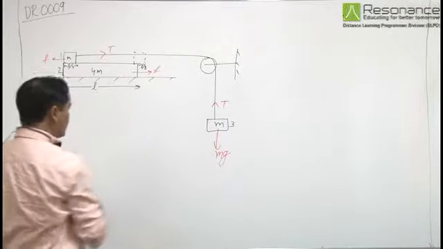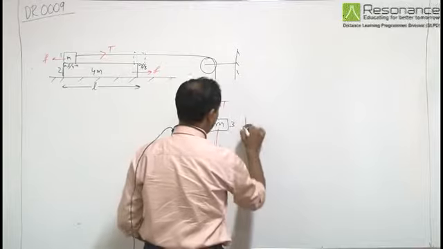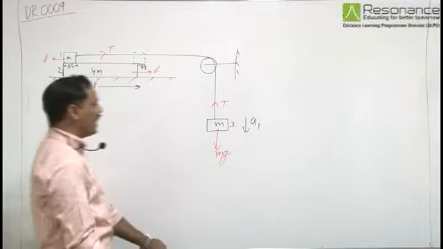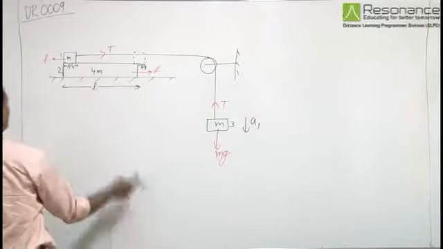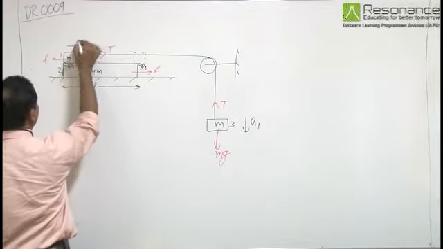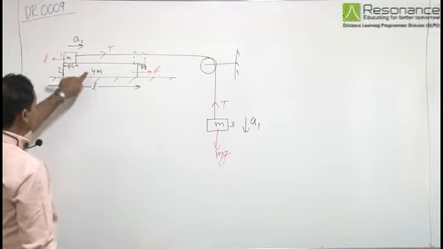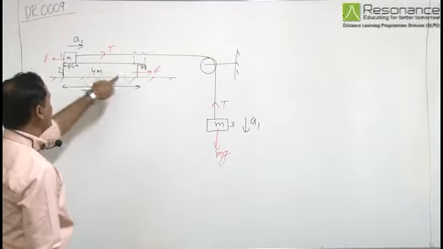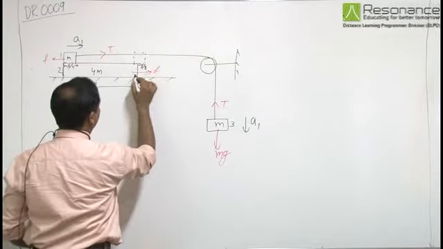Due to these forces, let us assume that the third block is moving downward with acceleration a1. As the third is moving downward with acceleration a1, 1 will also be moving with a1. And as the frictional force is acting in the forward direction on 4m, it will also move forward.